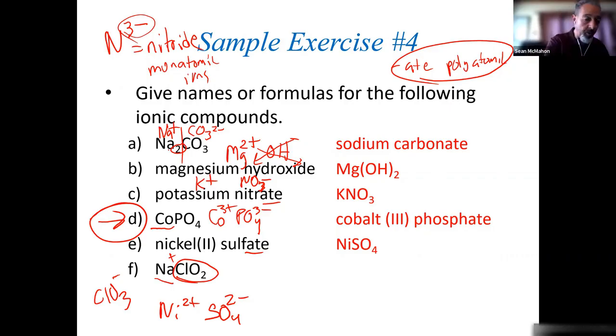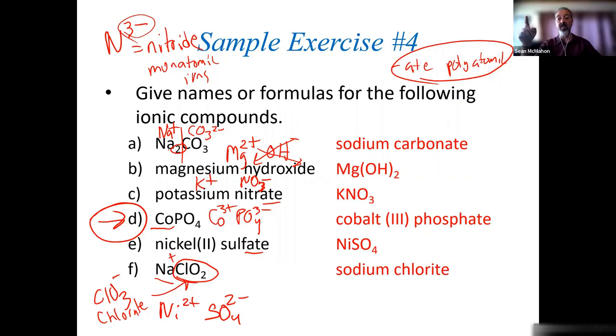So this is chlorate. Well, what's this? It's 1 less. So that means it's chlorite. So hopefully that helps. And again, it's tricky, but that's why you do homework problems. There are a lot of these for your homework problems, and hopefully that helps out.